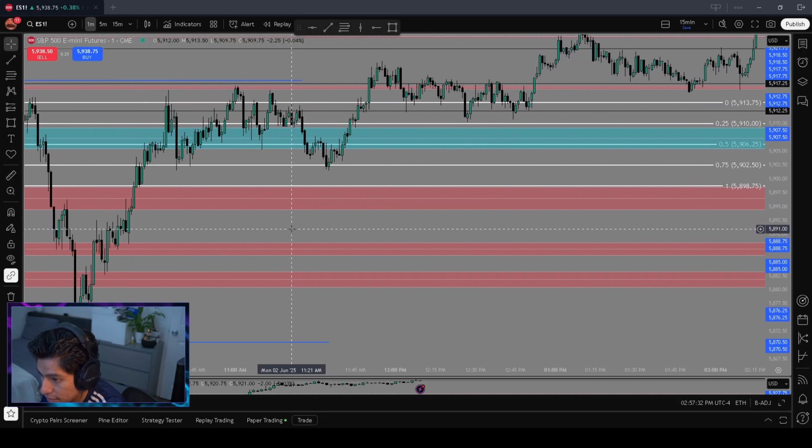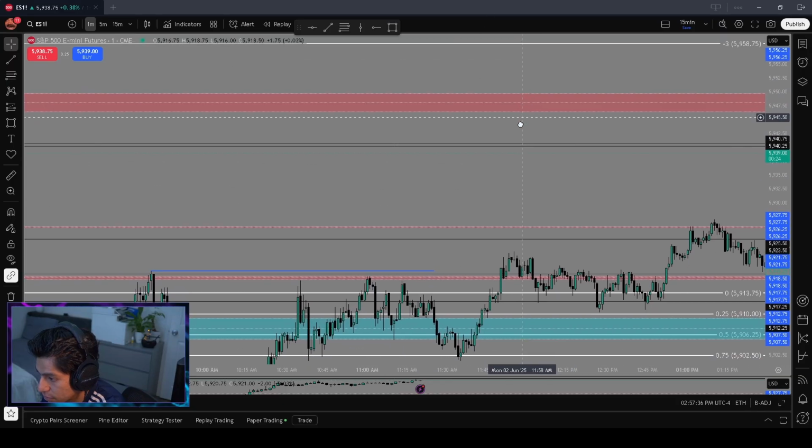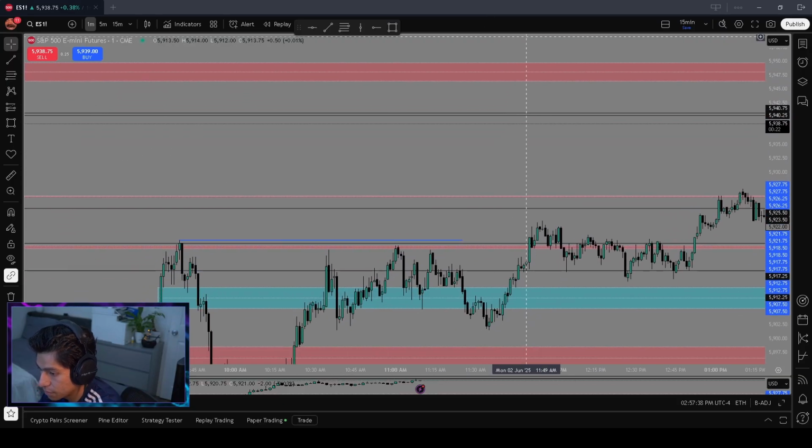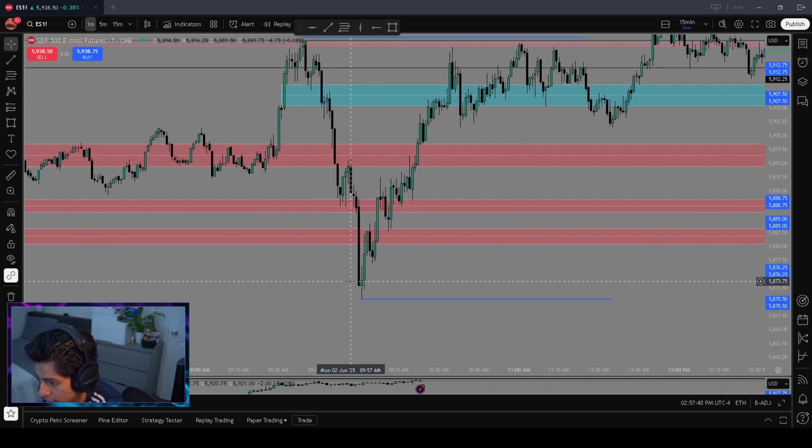So what I would like to see, if we think price is going to go higher to like these levels, I'm going to remove this one, is although it may fail here to keep on going higher, what I like to do is wait until the 10 o'clock.